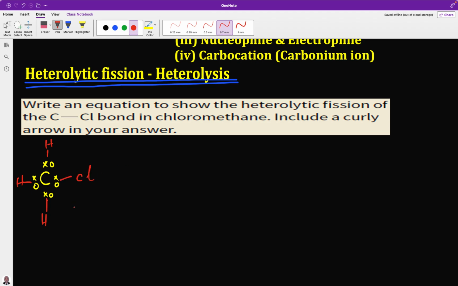This is a chloromethane molecule, which could be in this form.